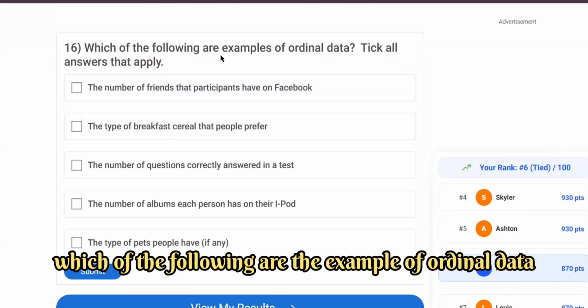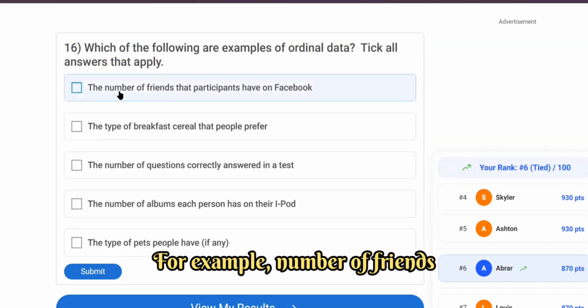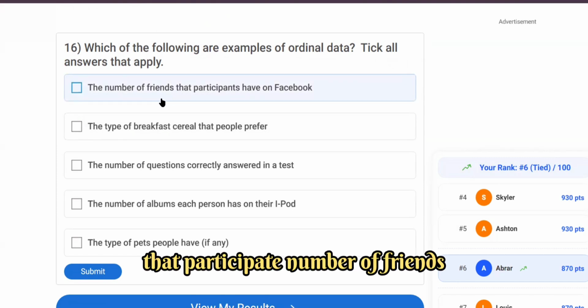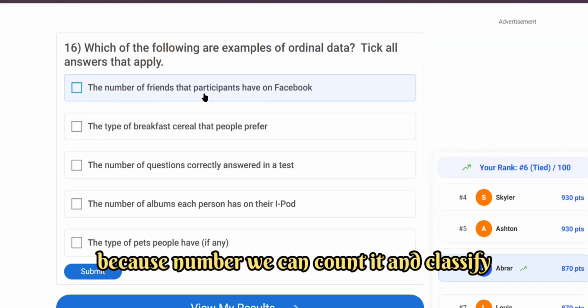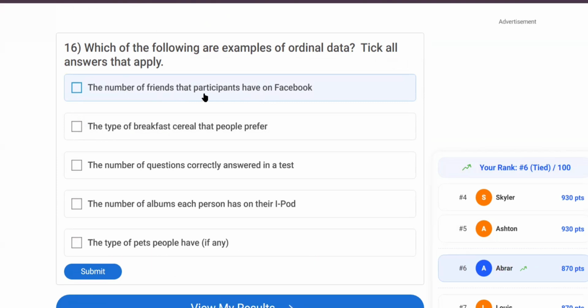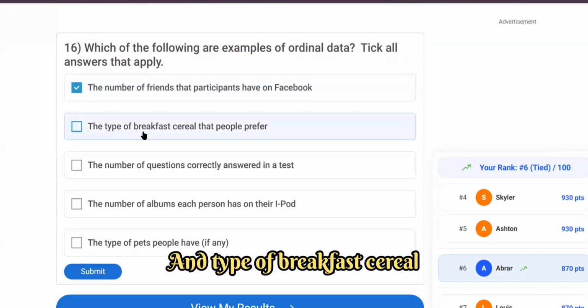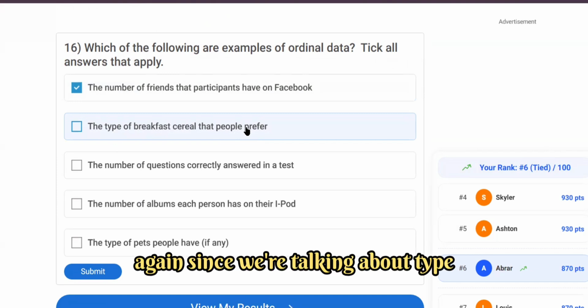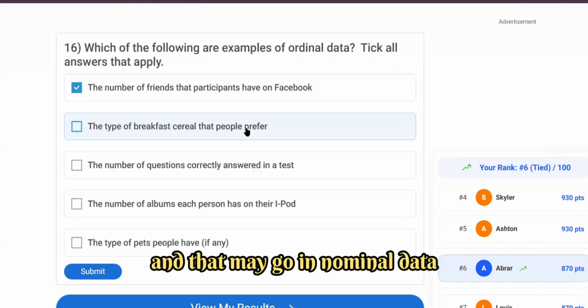Which of the following are examples of ordinal data? Something you can order. For example, the number of friends that participants have on Facebook. Because it is a number, we can count and classify. And the type of breakfast cereal that people prefer. Again, since we are talking about type, that may go in nominal data.